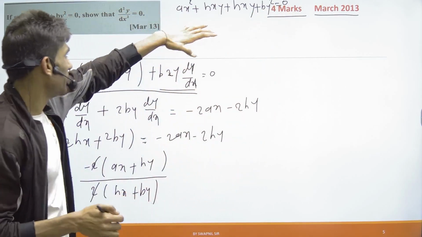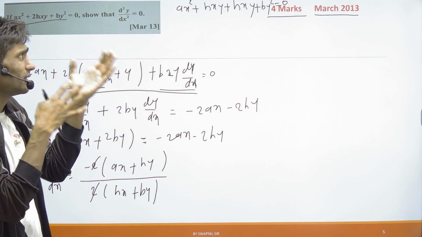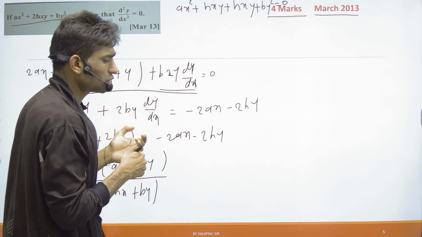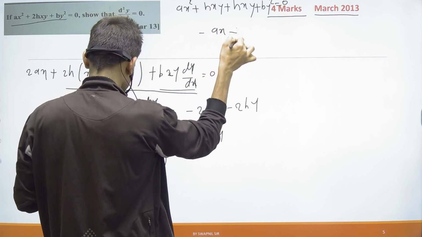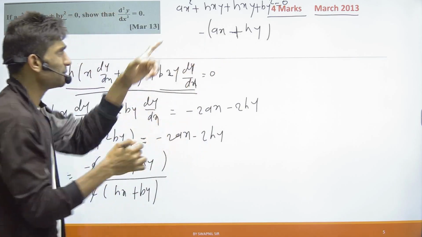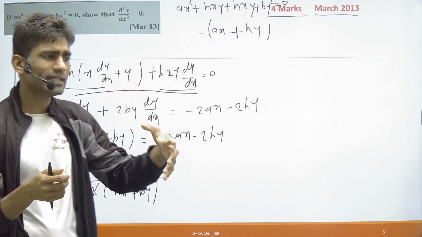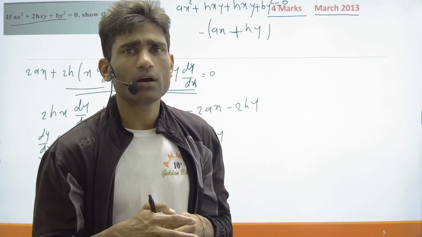These are just easy calculations. You may take the similar terms common from there, so you will get the term ax plus hy, the similar term. I am not going to explain this one here, because this type of calculation is quite easy, that you can solve it by yourself.